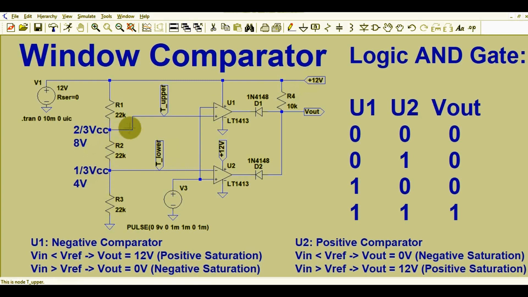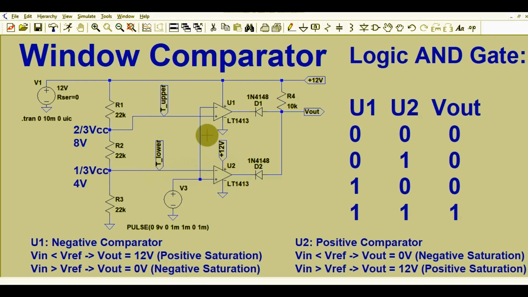So then let us go here. This is upper threshold and it is connected to the non-inverting terminal of operational amplifier, that is LT1413. This is 4 volt and this is lower threshold, and that is connected to the inverting terminal of an operational amplifier U2, right?